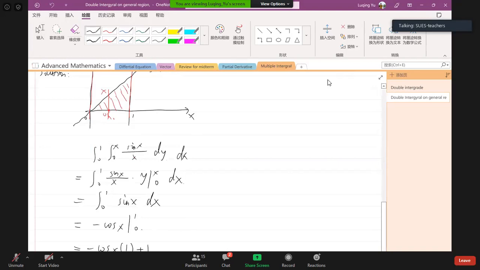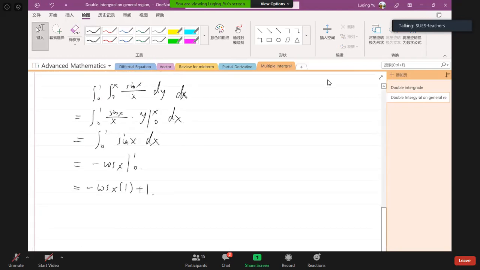You fix x first and put x outside, and then you know that y is from 0 to x, and you put y inside, and then you calculate by integrating on y, and finally you get the answer. So this is a pretty basic question for how to do the integration.